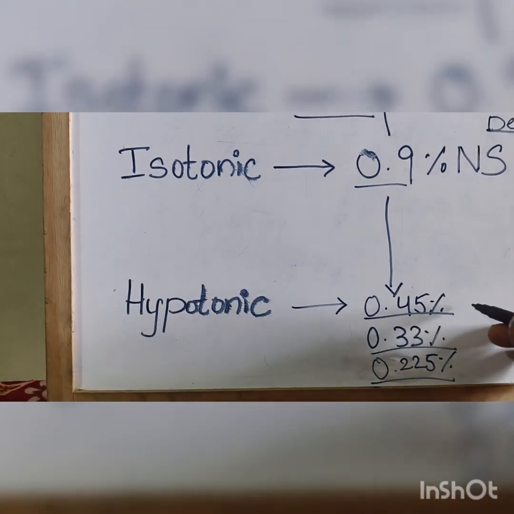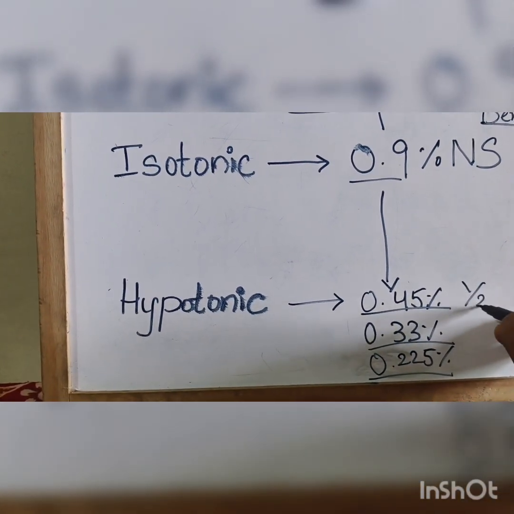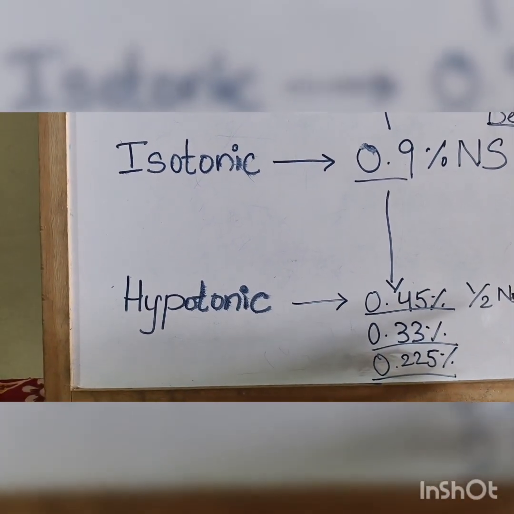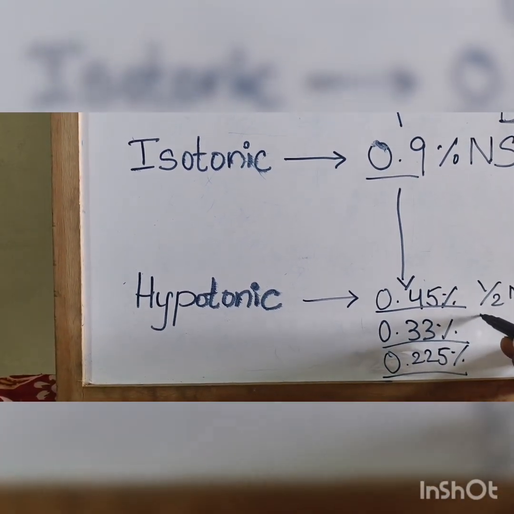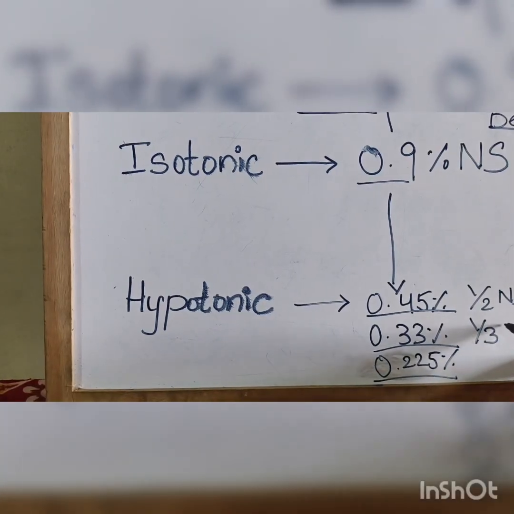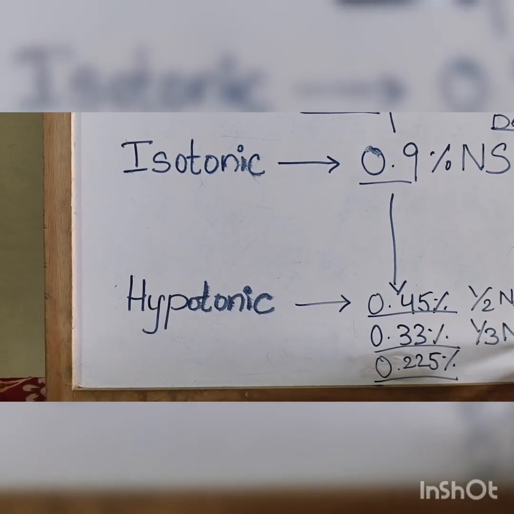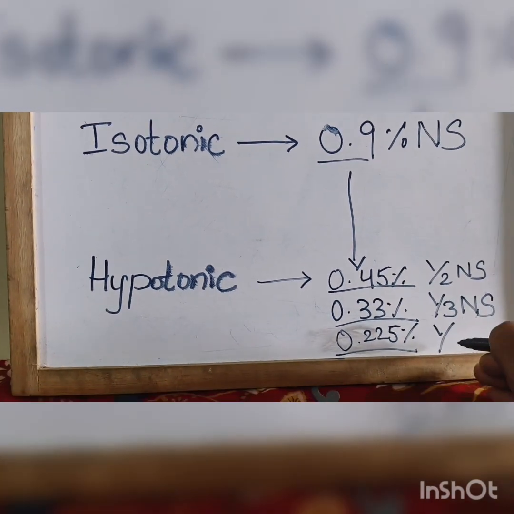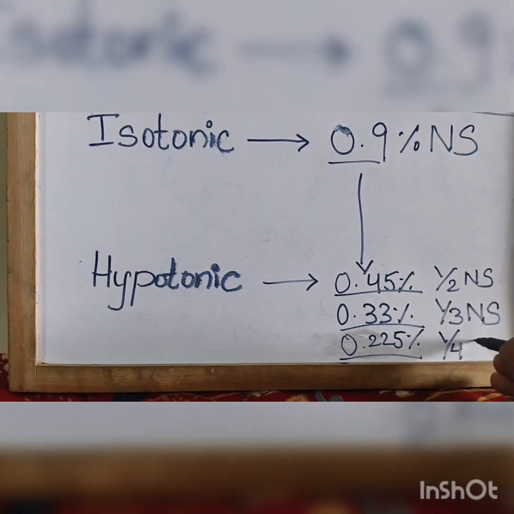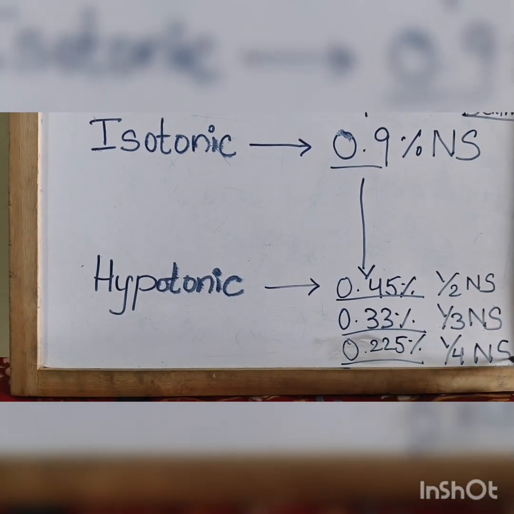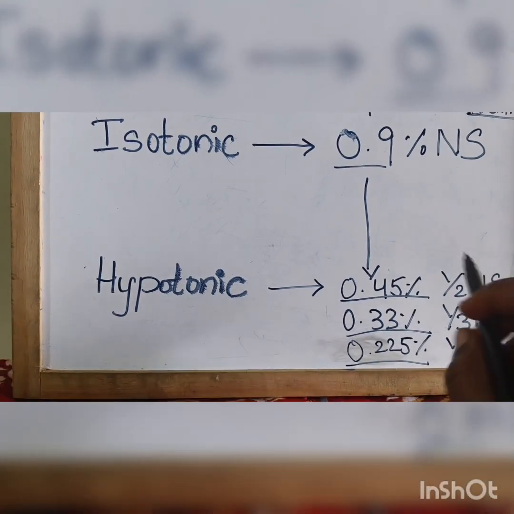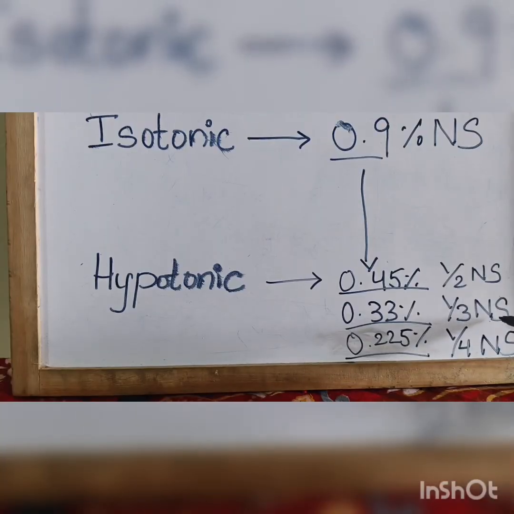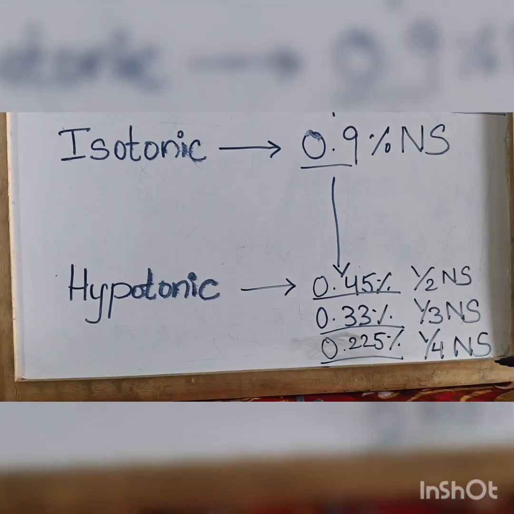0.45% we can also call half NS. 0.33% we call 1/3 NS. 0.225% we call 1/4 NS. In general hospital settings, 0.45 NS, half NS, is available. 0.33 and 0.225 are not available in normal hospital settings.